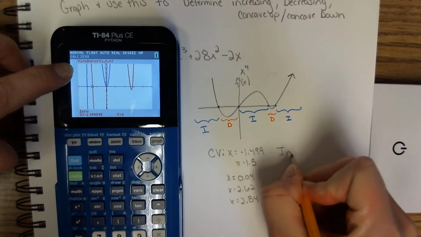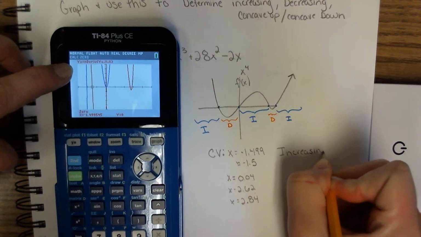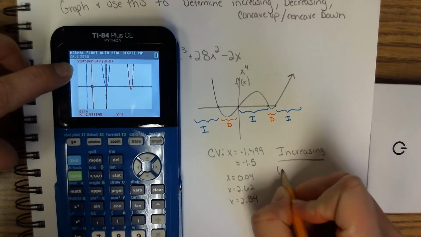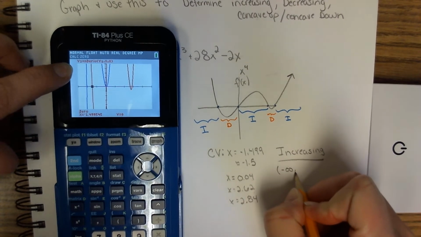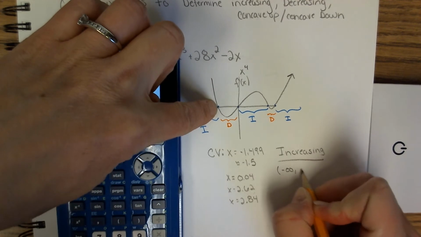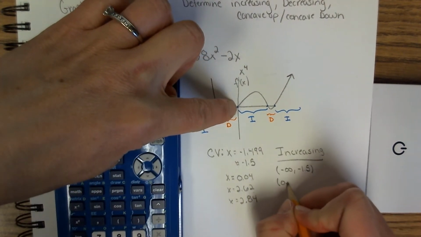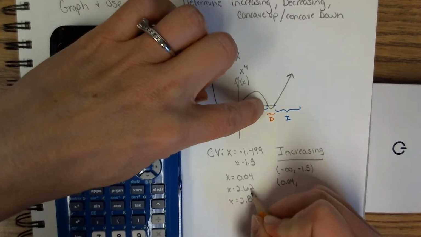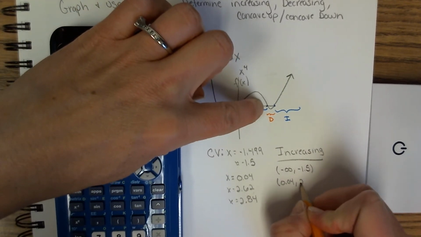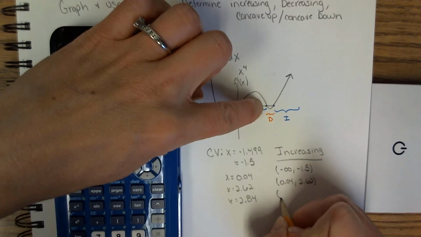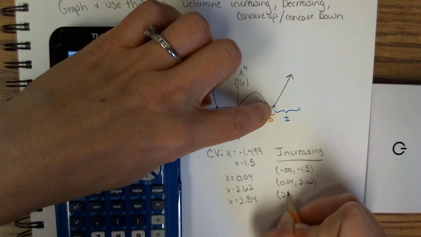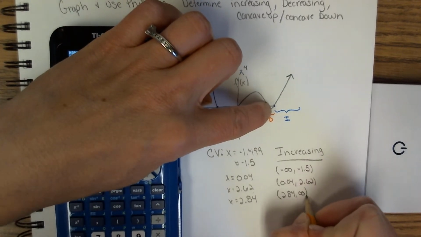So let's do increasing first. Increasing should be from negative infinity to this first critical value, negative 1.5. My second section is from my 0.04 to my next critical value, which is 2.62. And it's in that last section, my 2.84 all the way to infinity.